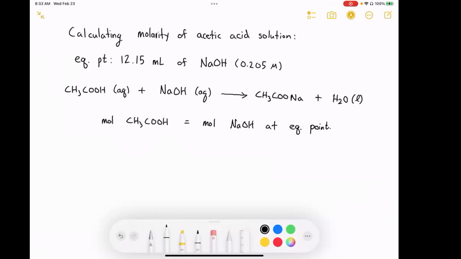So we have 0.205 mole per liter for our molarity of sodium hydroxide. And then when we multiply that by the volume, we have to convert it to liters.